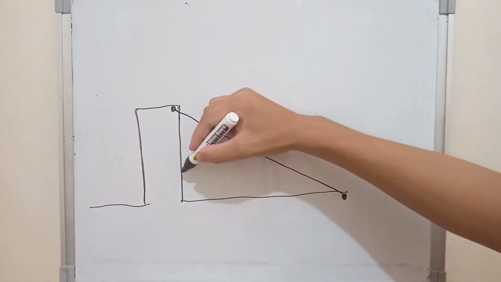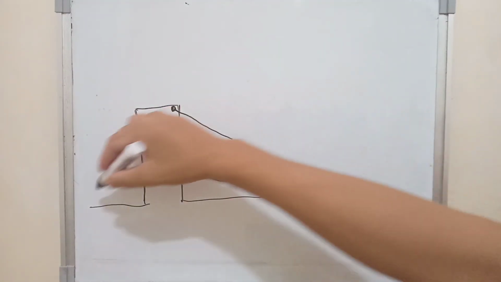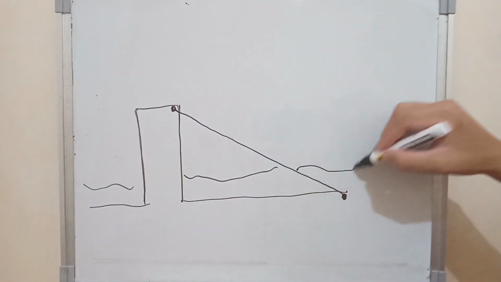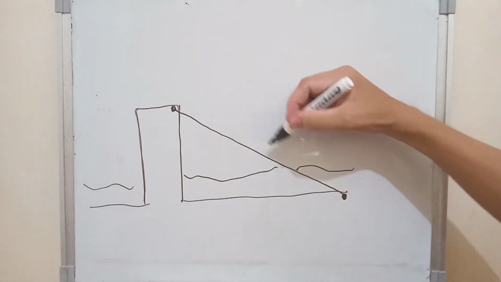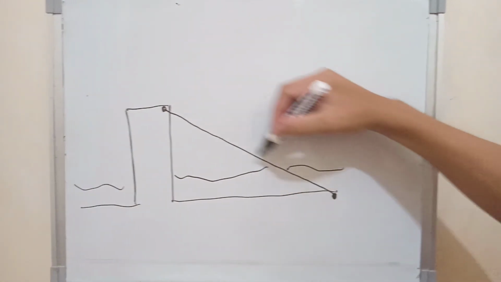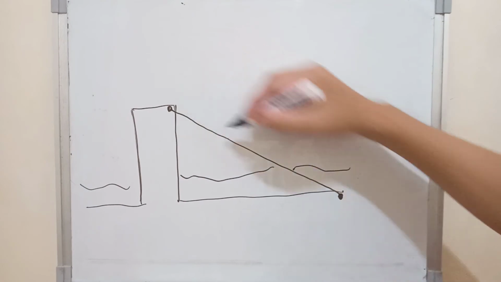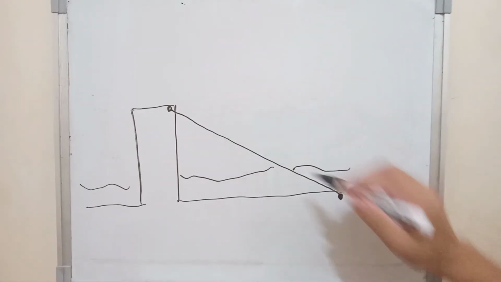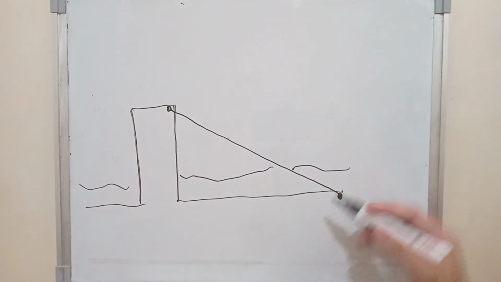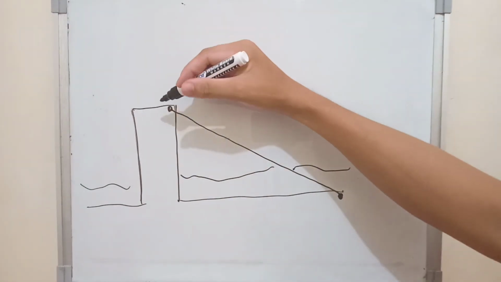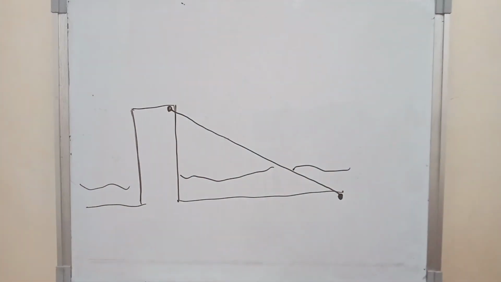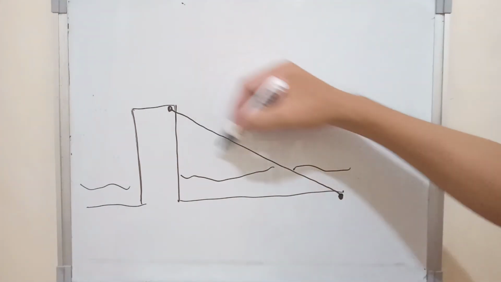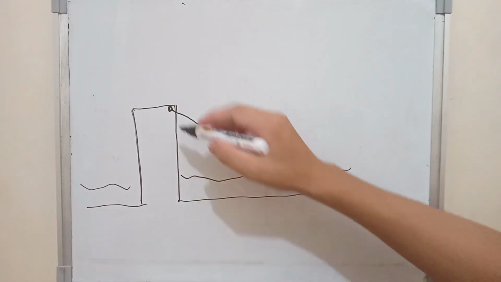Pero, syempre, dagat po ito, no? Dagat. So, parang hassle. Hassle na kailangan mo pang dadaan dito sa dagat para malaman ang sukat na ito. Dahil sa Pythagorean Theorem na yan, pwede nating i-solve ang sukat na ito gamit yon.